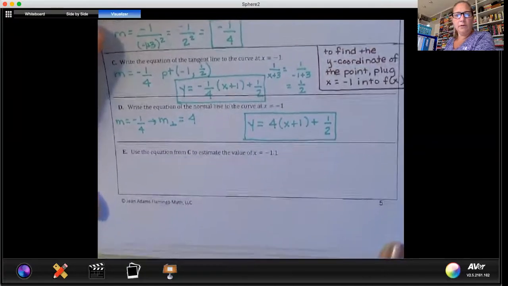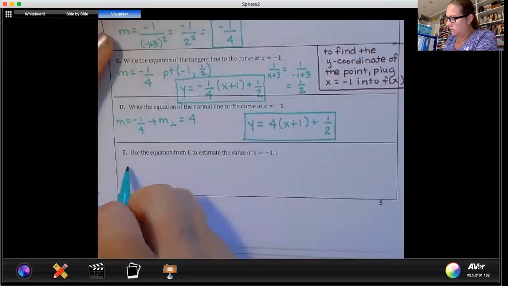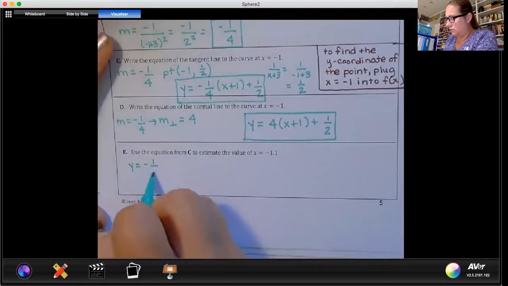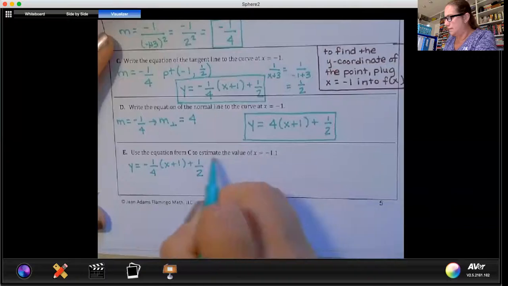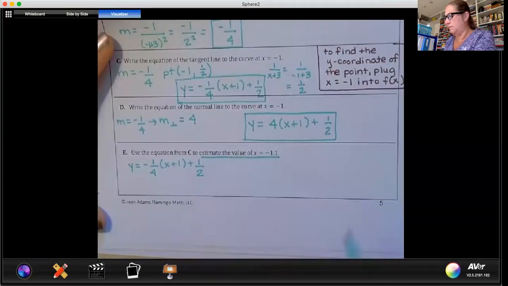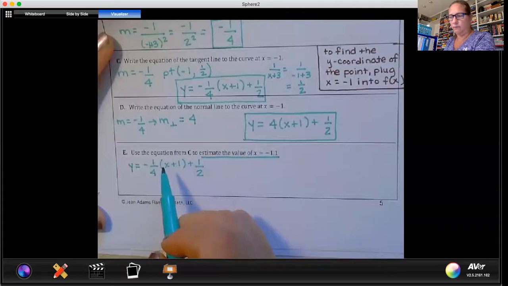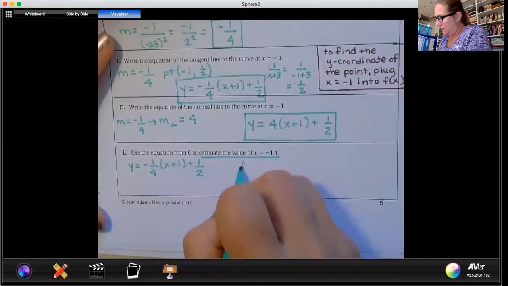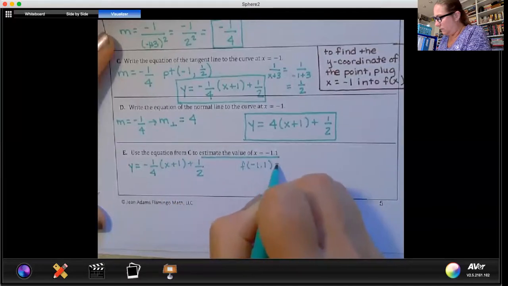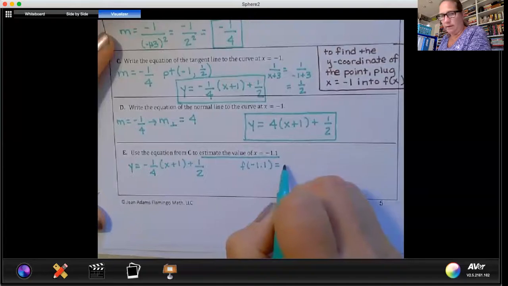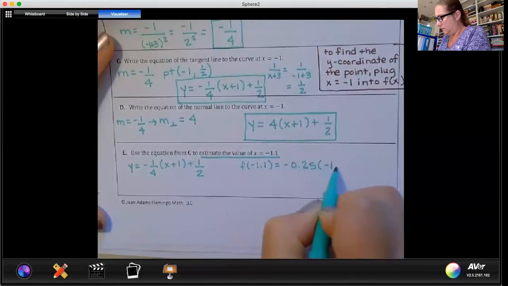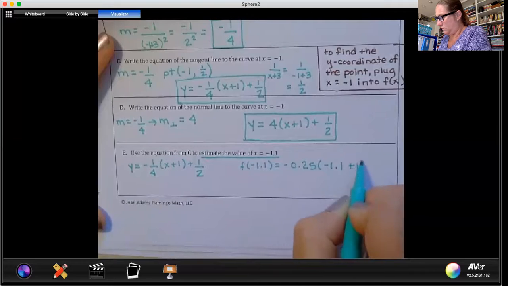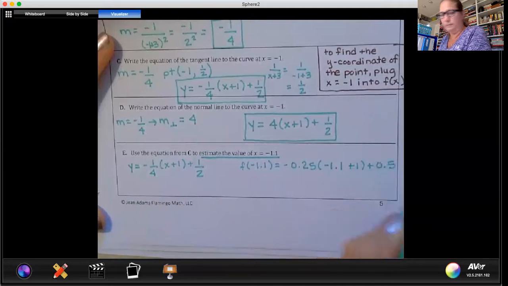And in part E, use the equation from part C, y equals -1/4 times x plus 1 plus 1/2, to estimate the value of f at x equals -1.1. So where you see an x, replace it with -1.1. So f of -1.1 equals, I'm going to convert everything to decimals, -0.25 times -1.1 plus 1 plus 0.5.